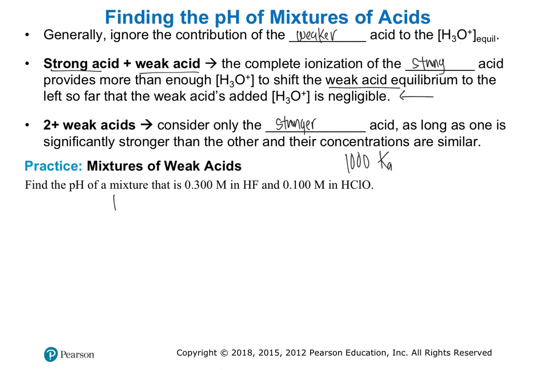So if I have hydrofluoric acid, I'm going to write that dissociation: HF plus water goes to hydronium and fluoride. And that Ka is 6.8 times 10 to the negative 4. And then I have hypochlorous acid and water.